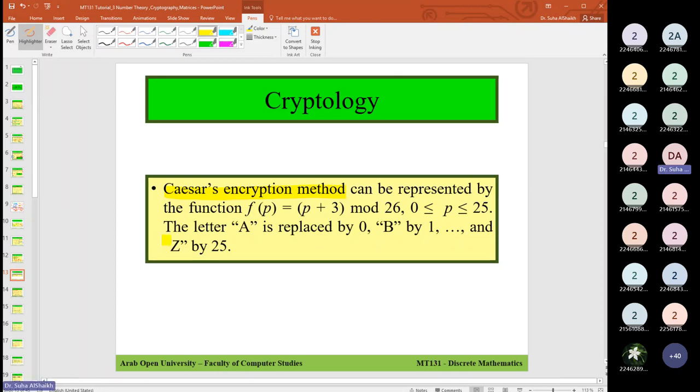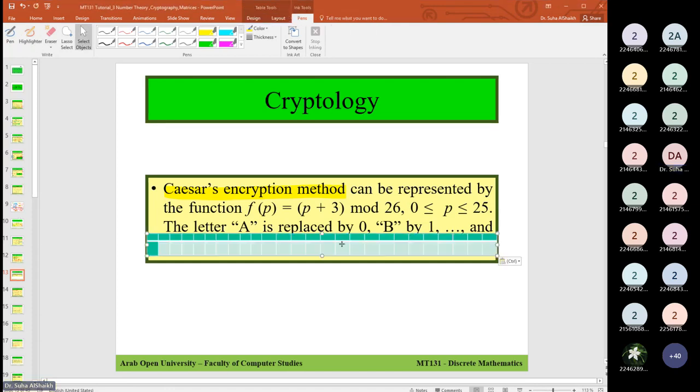So Caesar's encryption method here is shifting letters forward. Okay, here is the table.